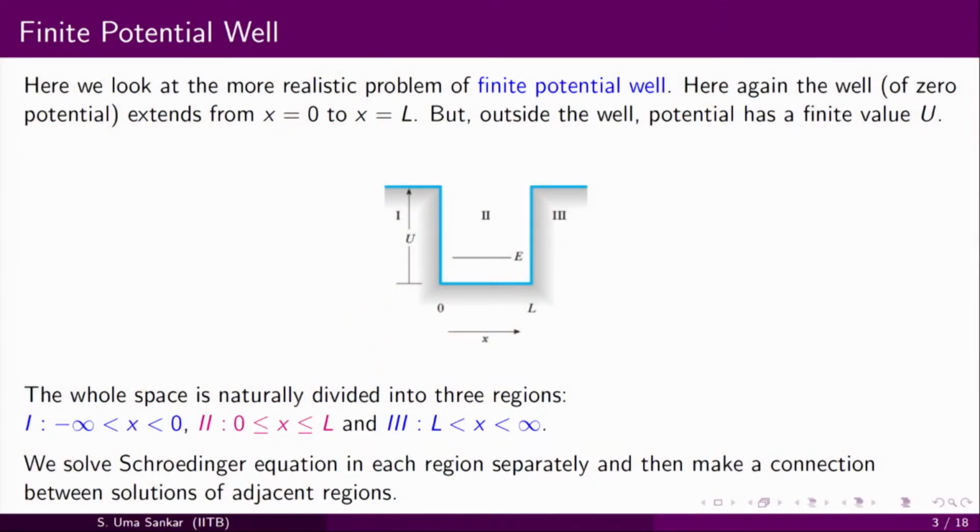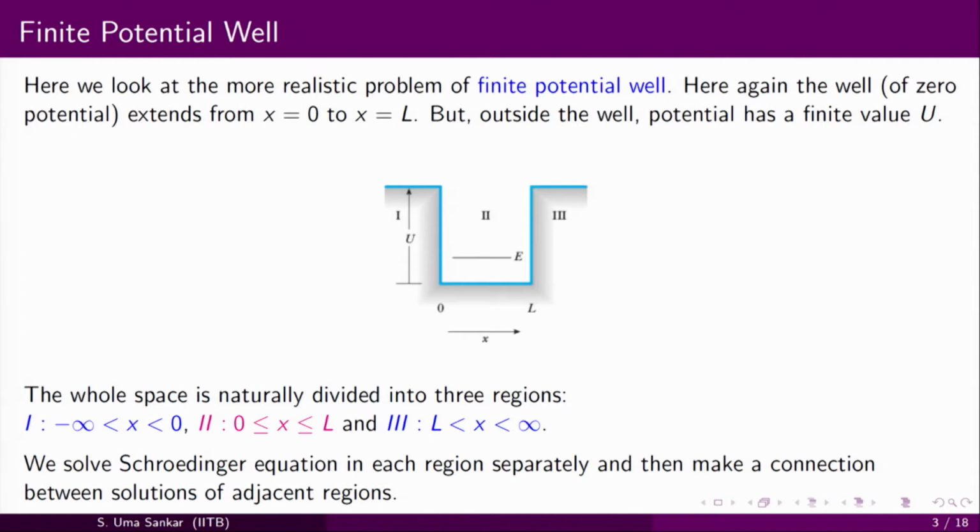So, the whole region of space from minus infinity to plus infinity naturally divides into three regions. First is the left part from minus infinity to 0, then the potential well part from 0 to L, and then the right part going from L to infinity.